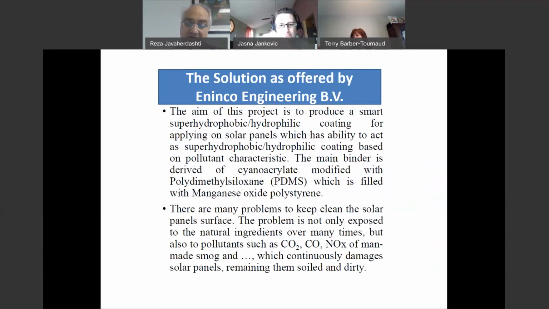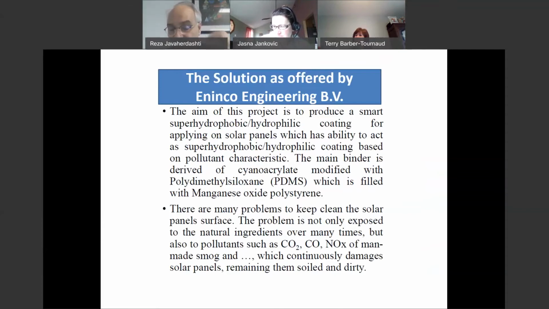Just imagine you have very small balls, nano-sized balls, and then you fill it with these chemicals, and these chemicals will be released over time to basically make the surface super hydrophobic.